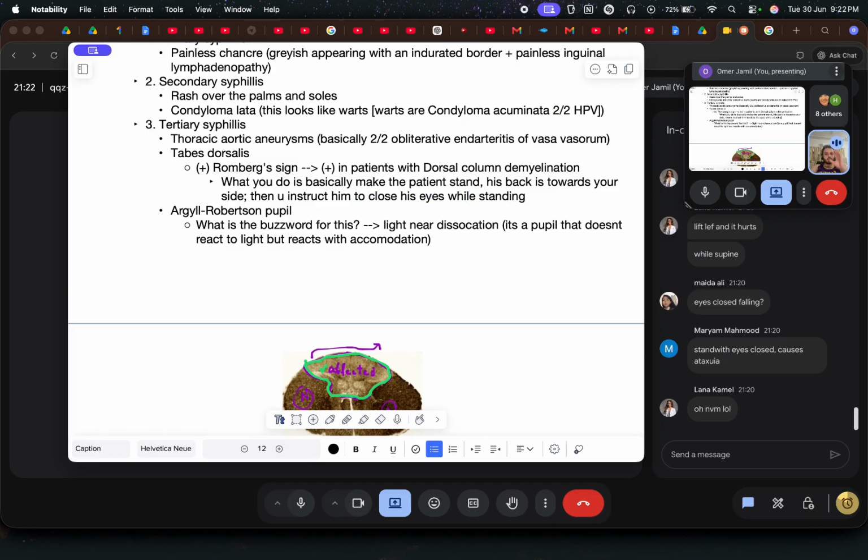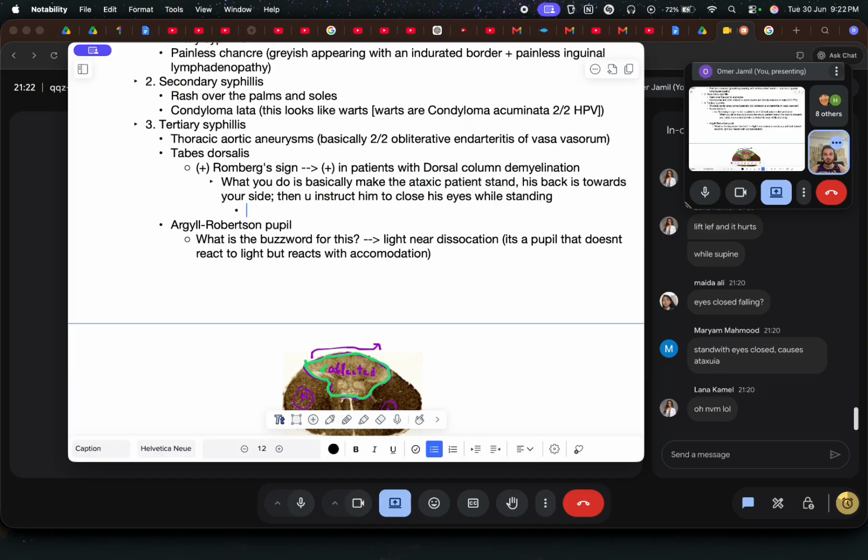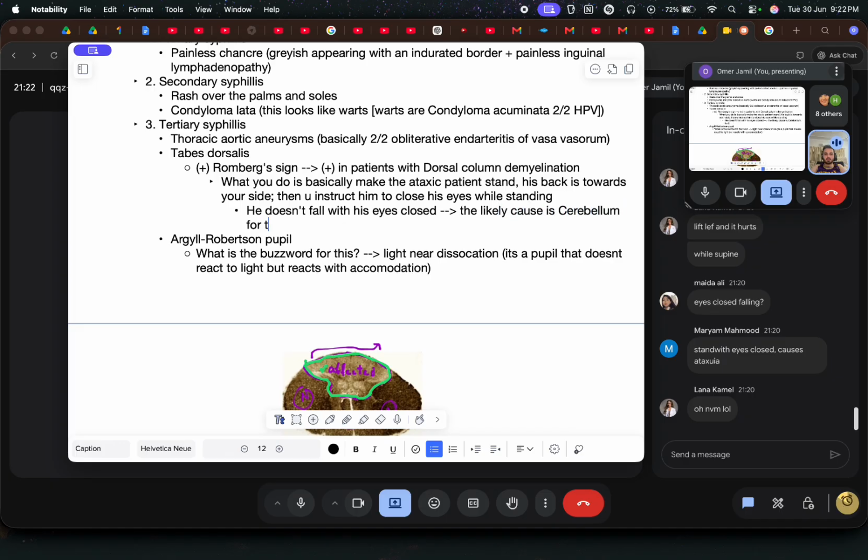Remember, whenever you do a Romberg's test, the patient's presenting complaint will always be ataxia. They have walking problems, so the baseline is always ataxia. If he doesn't fall with his eyes closed, the likely cause of the ataxia is the cerebellum, and this is a negative Romberg sign.